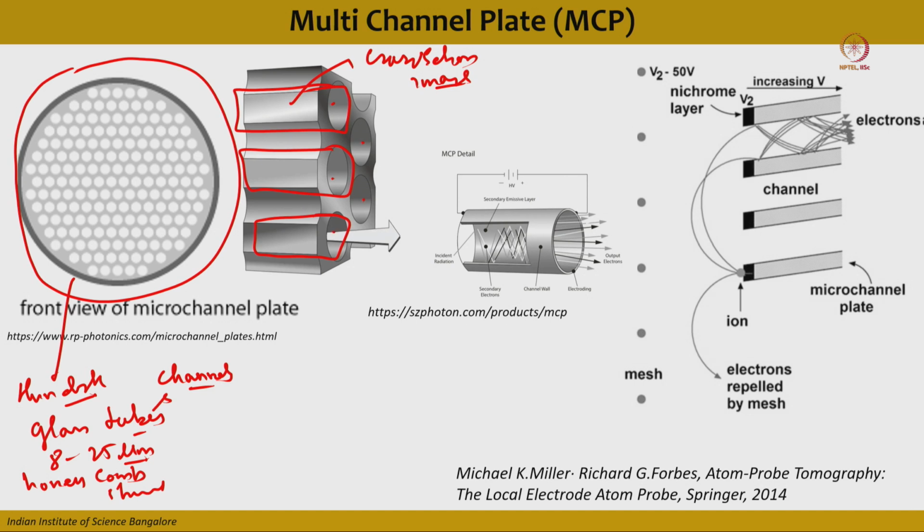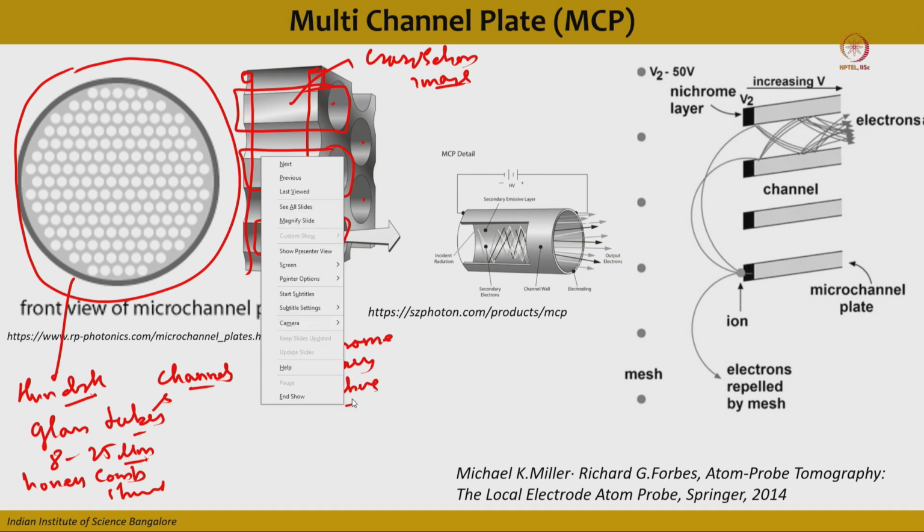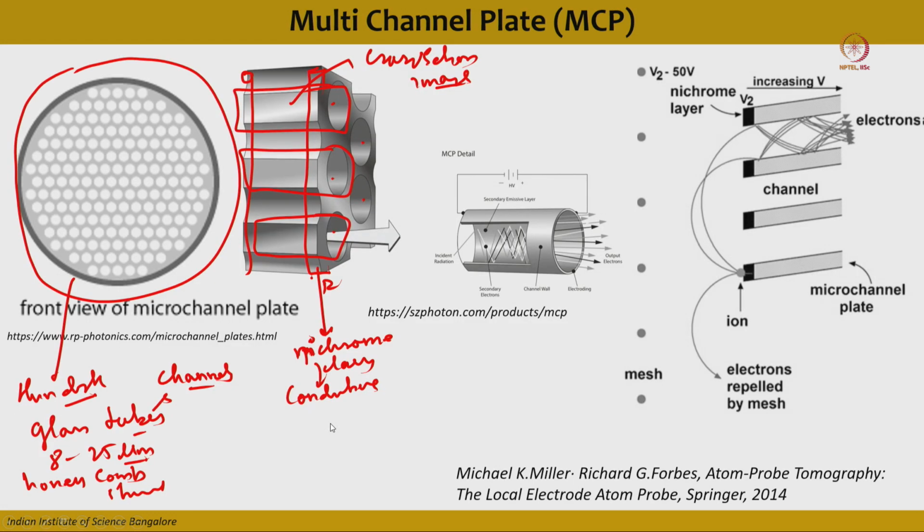Now, the surface of the multi-channel plate, both at the front and the back, is covered by a thin conductive layer, which is a nichrome layer. A voltage is applied from the front surface to the back surface.